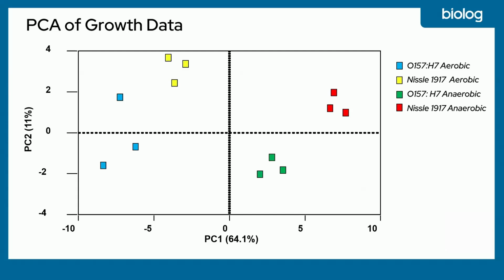Principal component analysis using the substrates as loadings for cell growth reveals atmosphere-dependent class separation on principal component 1, accounting for 64.1% of the variance, and strain-dependent class separation on principal component 2, accounting for 11% of the variance.